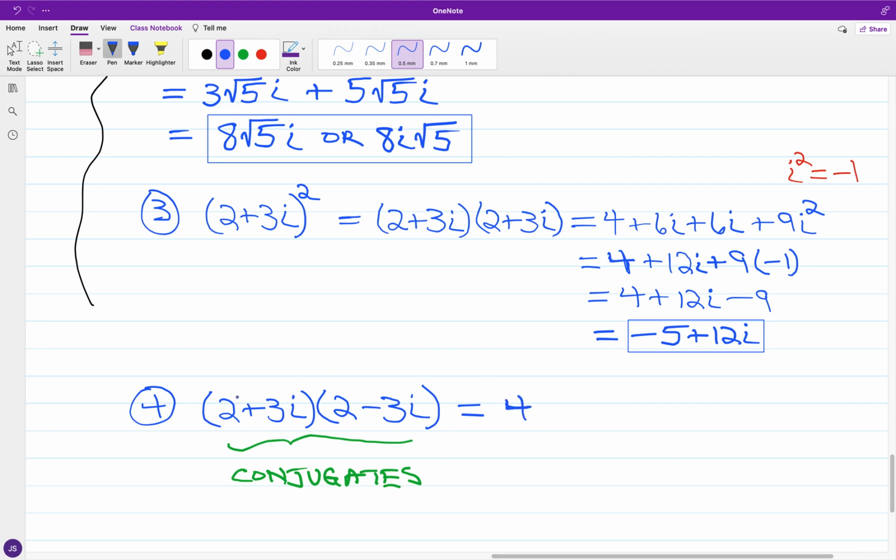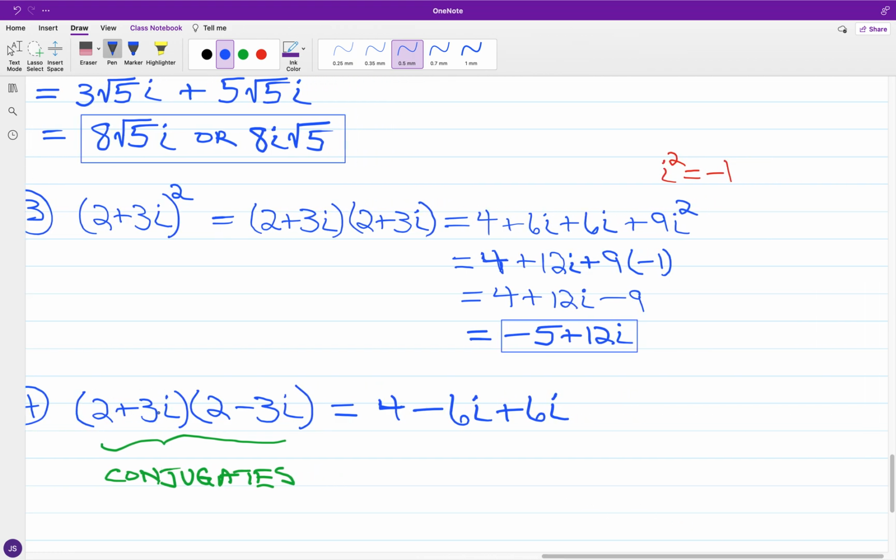The outside product we have with 2 times -3i, so this will be a -6i. Inside product you have 3i times 2, so this will be a positive 6i. And the last product we have 3i times -3i, so this will be a -9i squared.